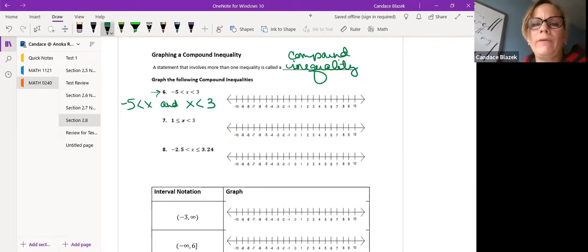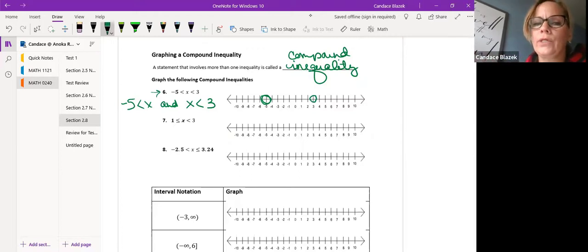Now, when we're going to graph it on the line, as long as the inequality signs point the same way, and it makes sense because -5 is less than 3 as well, we're going to say, okay, -5 is less, so we don't include the -5. There's a hole there. It's less than x is less than 3. And so here's the 3.